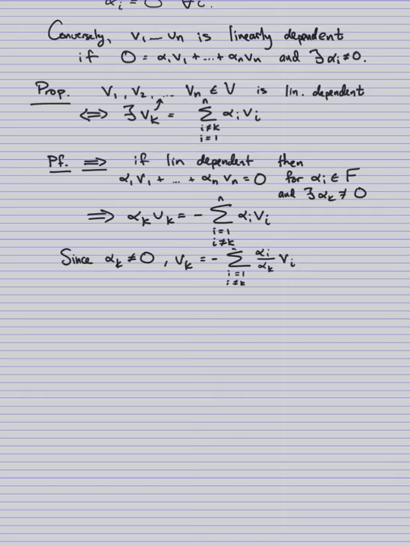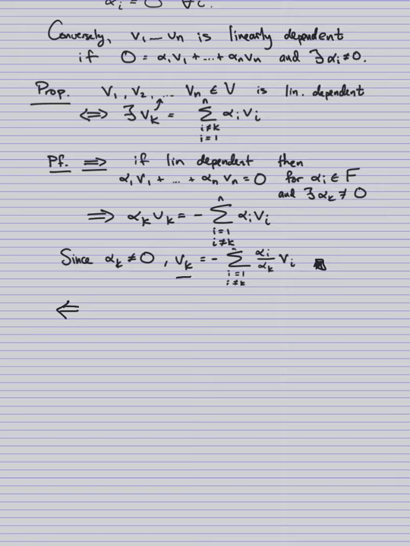Okay, so given this linear combination which is equal to 0, we can find this one vector which is a linear combination of the others. And of course this will work for any v sub k where the corresponding scalar that's multiplied by it is non-zero. So those are the terms that we can write in terms of the others. Okay, so that's one direction.